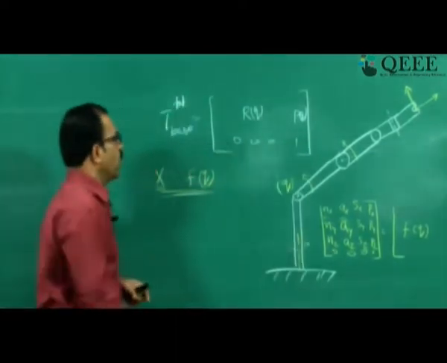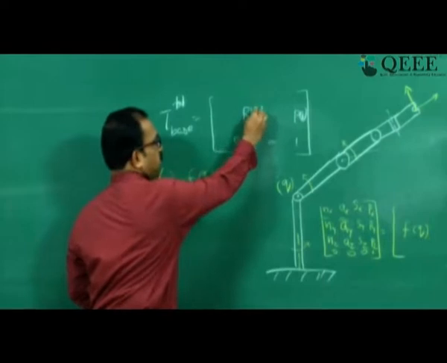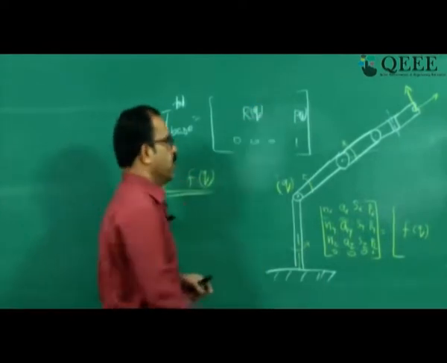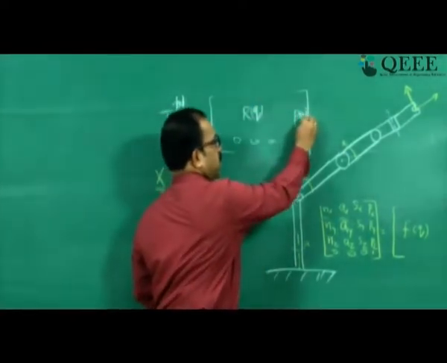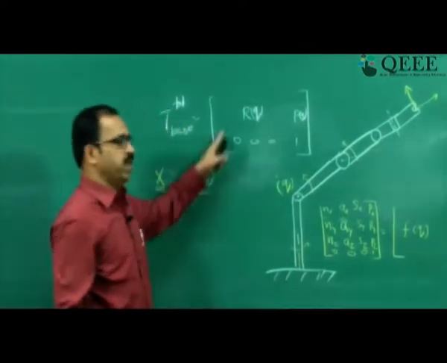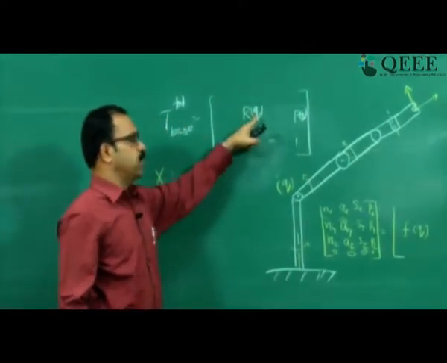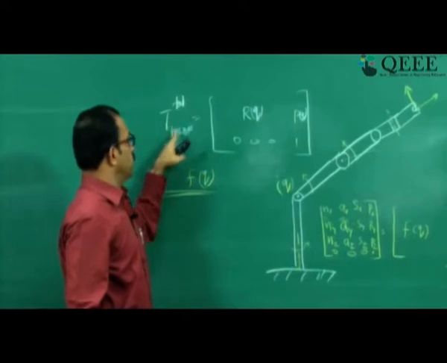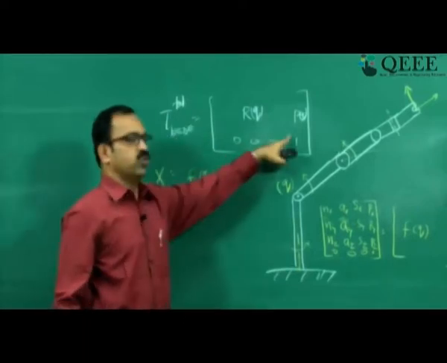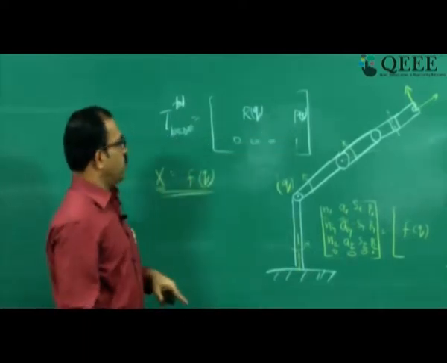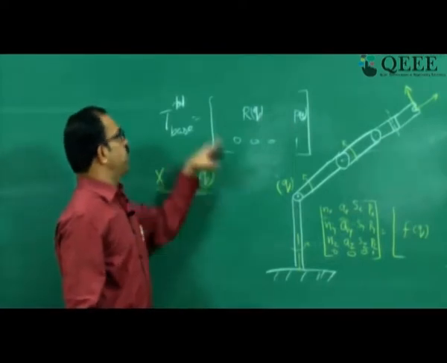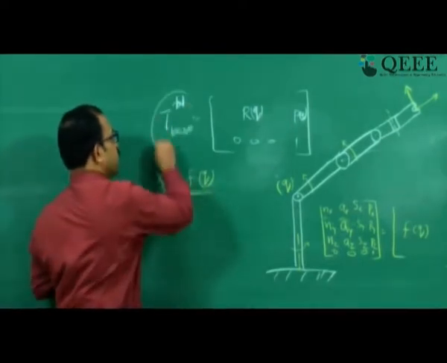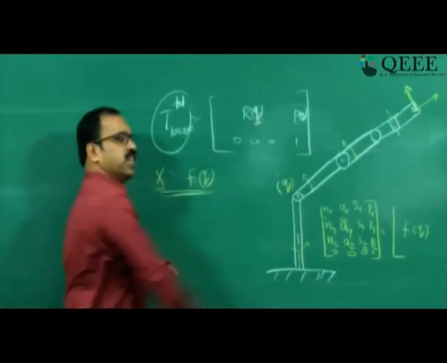This is a function of the joint variable Q. If it is only rotary, then it will be theta. If it is prismatic, it will be d. So in general, it is the generalized variable Q. So this tool to base will always be a function of Q. The inverse problem is: if this is given, how do we get this Q?